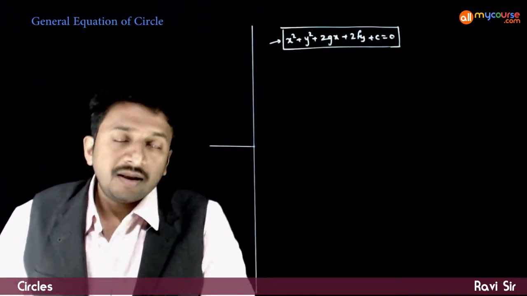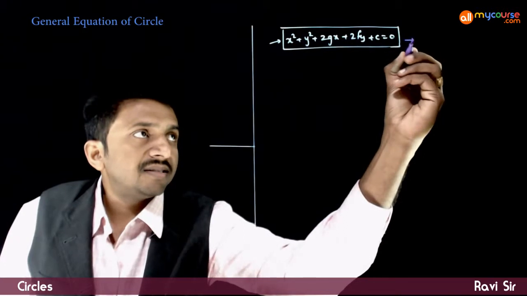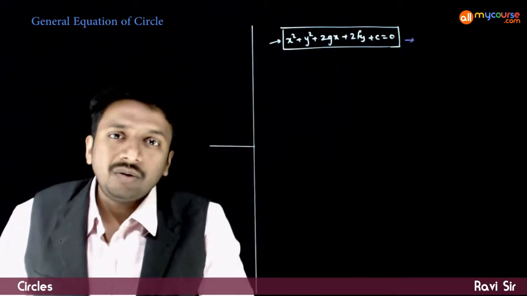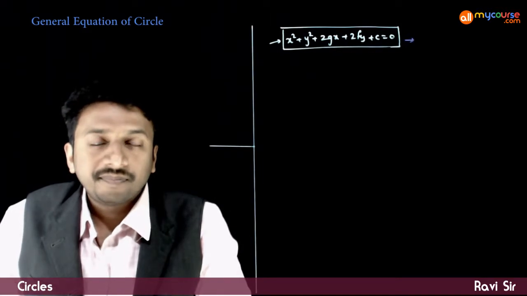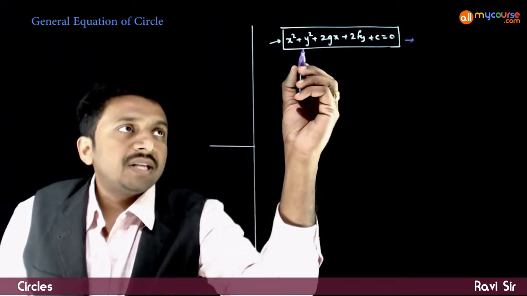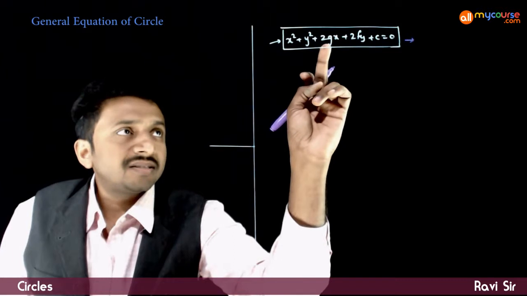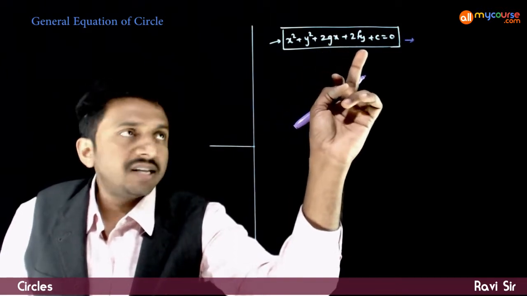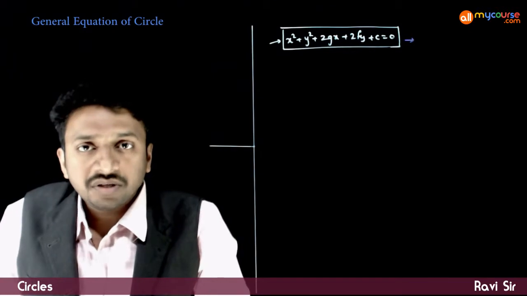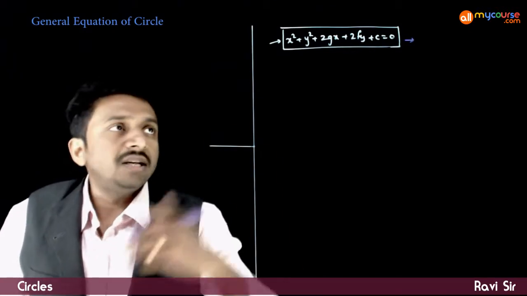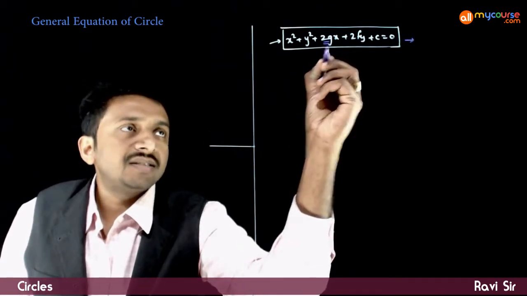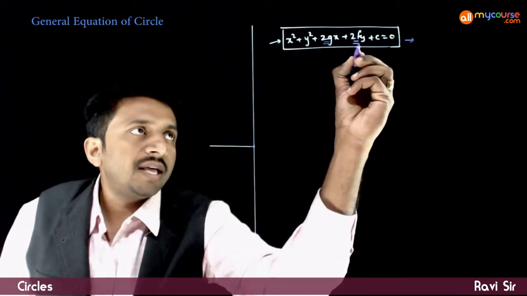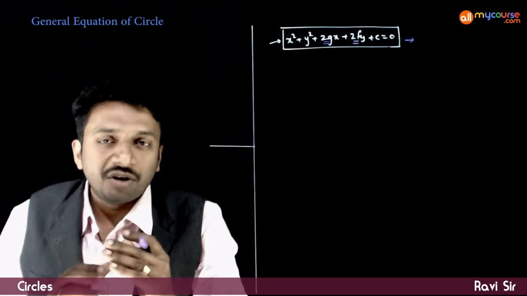So now let us try to analyze the center and radius of the general equation of a circle. x² + y² + some coefficient of x + some term containing y + some constant = 0. We have already seen that the coefficient of x is taken as 2g instead of g, and the coefficient of y is taken as 2f instead of f.